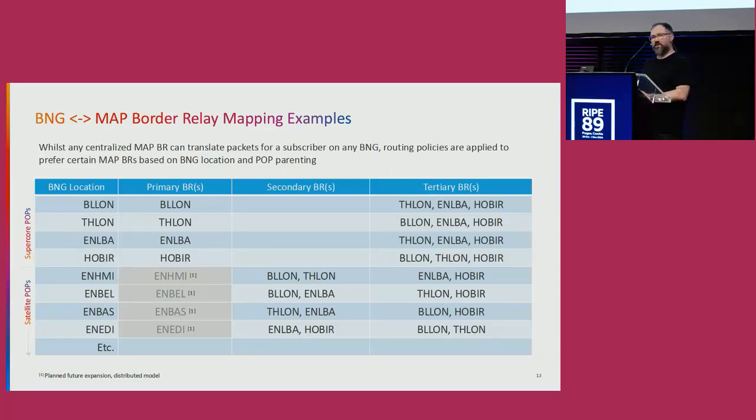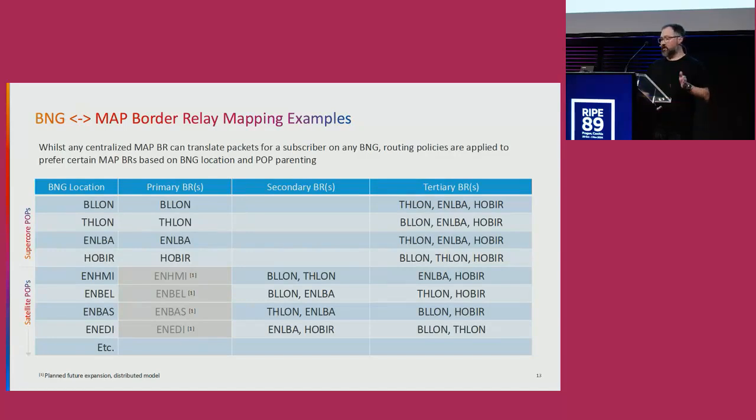Now, the anycast doesn't just follow the IGP shortest path. We use BGP policies to steer traffic to the closest or the most optimal border relay. Subscribers that terminate in the supercore BNGs right next to a border relay will use those local border relays as primary. If that fails, then flows will fail across to the remaining 3 sites evenly.